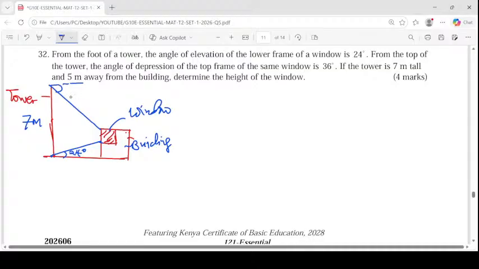This angle of depression is 36 degrees. I don't know if you're getting what I'm trying to sketch. The tower is 7 meters and 5 meters away from the building. So from here to this building is 5 meters. Determine the height of the window.